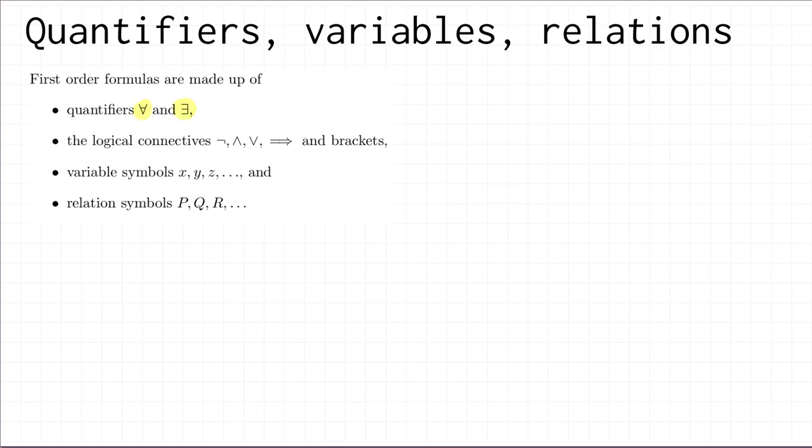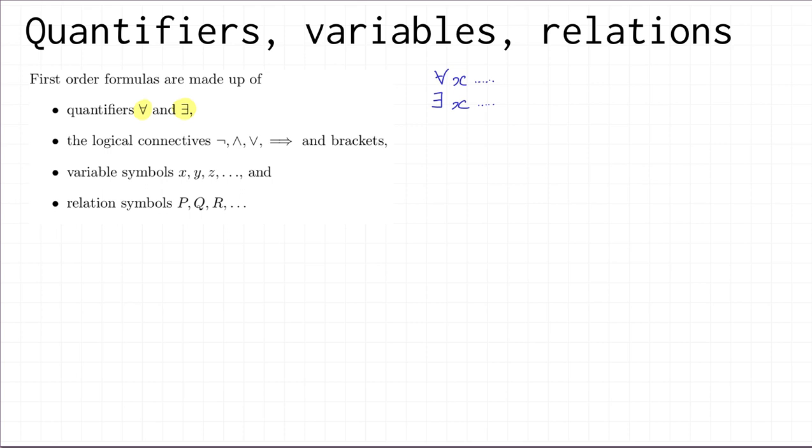Quantifiers have these symbols here, this upside-down A and this backwards E. And the meaning of these in a first-order formula is that if you have a formula which looks like for all x and then a bunch of stuff, then the interpretation is that for every x belonging to some specified set, something happens. And equally, a formula that looks like this is interpreted as saying that there exists some element x belonging to some particular set such that something happens.